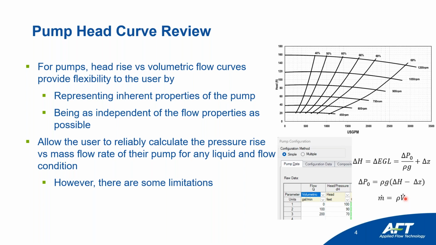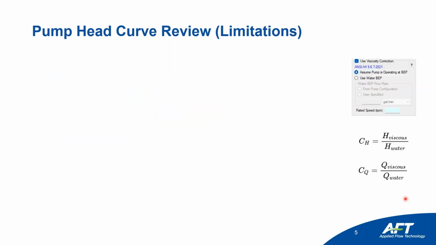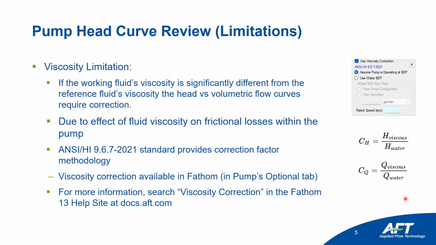Of course, even pump head curves have limitations, right, on how flexible they are. They have, for example, a viscosity limitation. And for this, if the working fluid's viscosity is significantly different from the reference fluid, or the fluid used to create the pump curve, then the head versus volumetric flow curve requires correction.